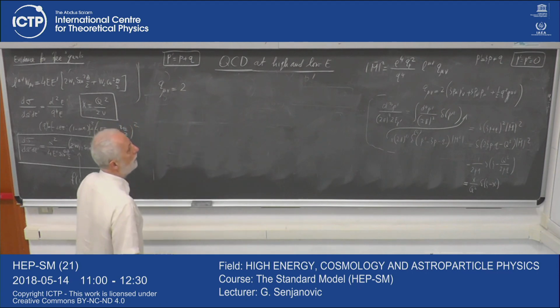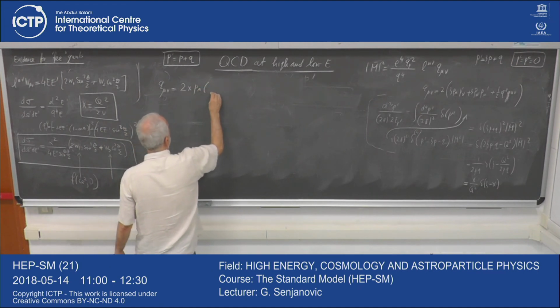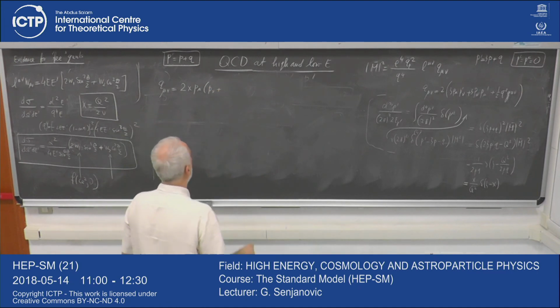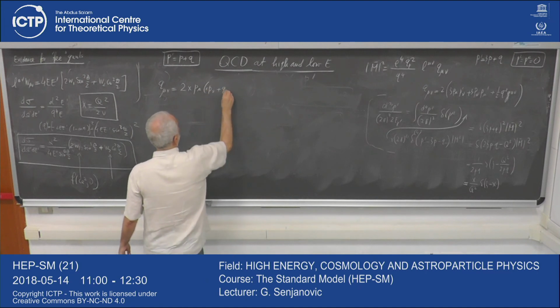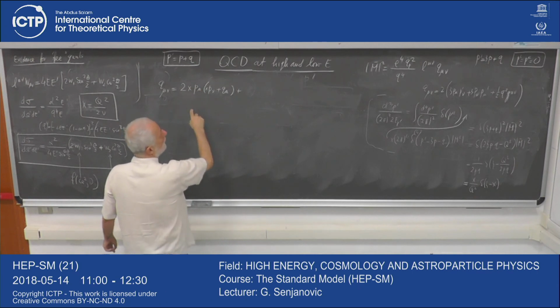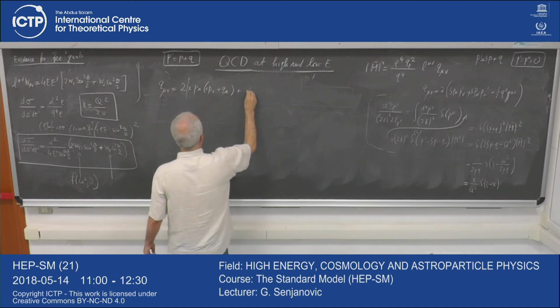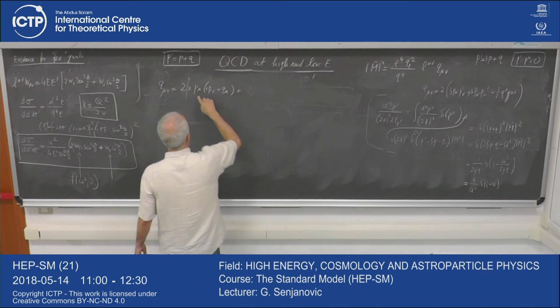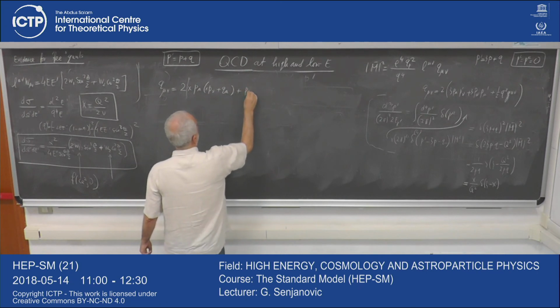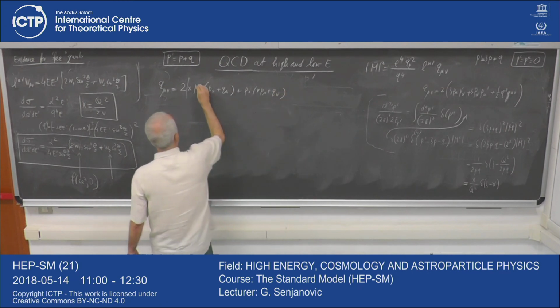So it's 2 X P mu, P nu plus, no, X P nu plus Q mu, keep it like this, plus P nu X P mu plus Q nu.